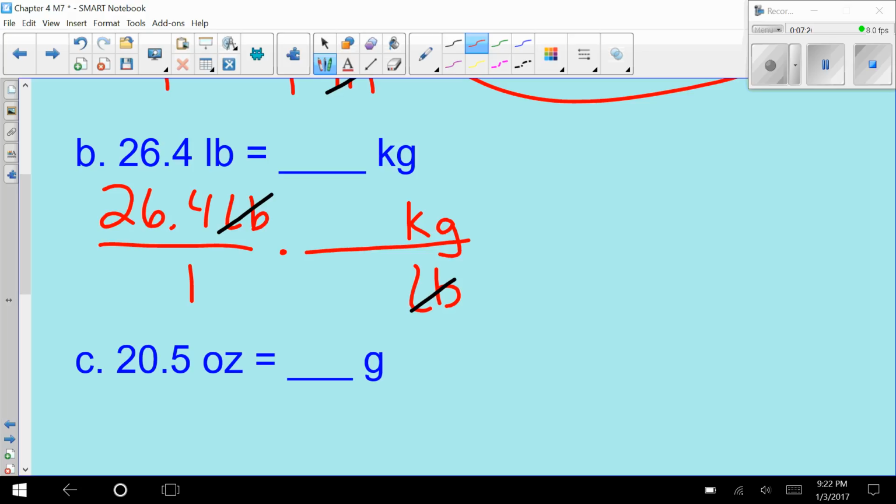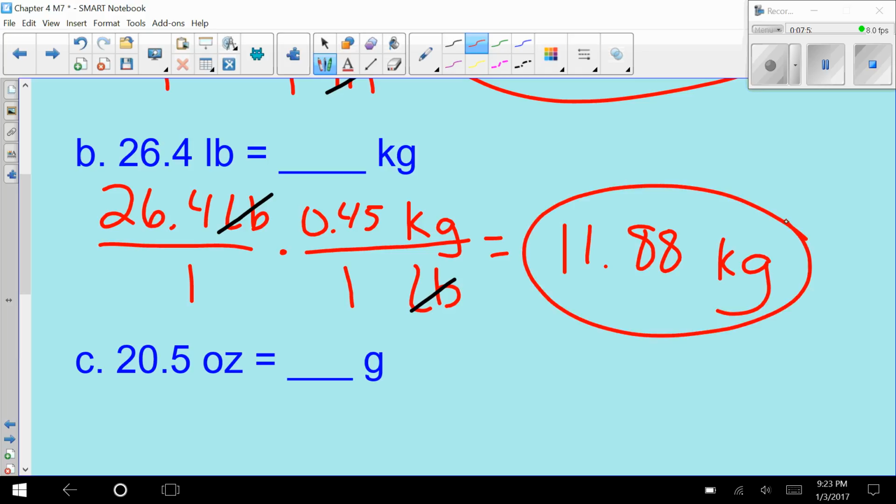Our conversion factor that we just used in the last example said that 1 pound, so it goes with pounds, is 0.45 kilograms, so the 0.45 goes with kilograms. 26.4 times 0.45 is 11.88. Round to 2 decimal places unless it says otherwise. And since we have 1 times 1 on the bottom, it's just 11.88 kilograms is our label.